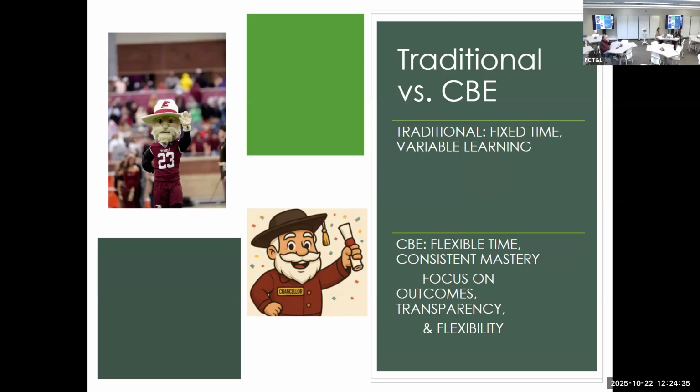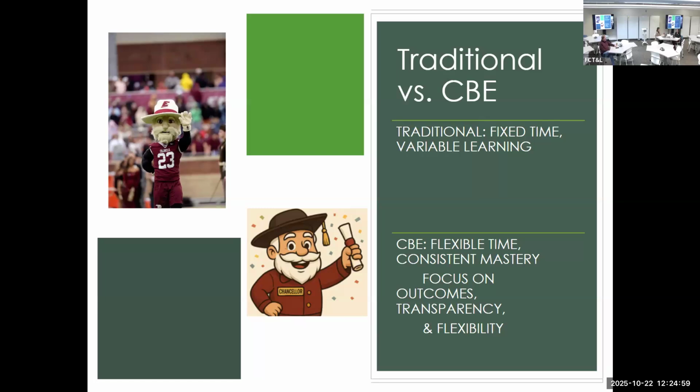A traditional 7-week online class or a traditional 16-week in-person class is fixed timing. You have your weekly assignments, and then you have your due date. If there's some variable learning going on, some students might get the SLOs, some might not, but we're moving on to module 2 or whatever we need to do, right? Then the next topic in class.